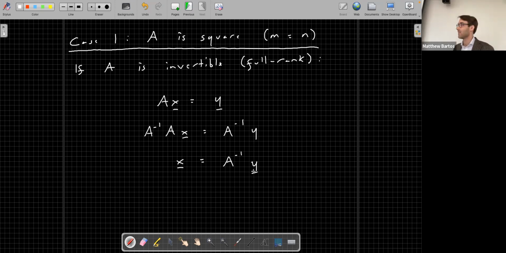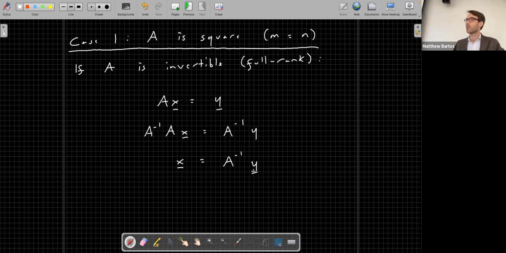Note that in practice, if you're solving equations of the form Ax equals y, you generally don't want to explicitly take the inverse. It's usually more numerically efficient to use a numerical solution procedure like Gaussian elimination or other factorization methods. But conceptually, what we're doing is pre-multiplying y by A inverse. That will give us the explicit solution to this problem.